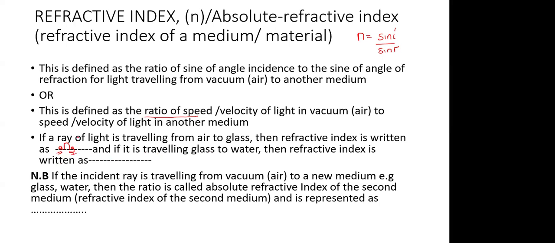The second letter represents the medium where our light is going. So for this case, coming from glass to water, I write glass refractive index of water. And please take note, glass refractive index of water is not the same as water refractive index of glass.